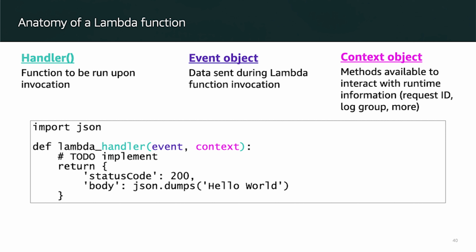Each supported language has its own requirements for how a function handler can be defined and referenced within the package. After the handler is successfully invoked inside your Lambda function, the runtime environment belongs to the code you wrote. The handler always takes two objects, the event object and the context object.